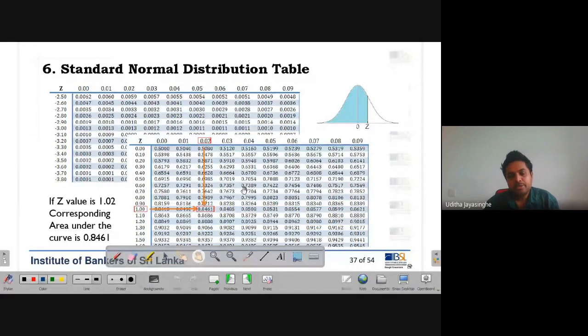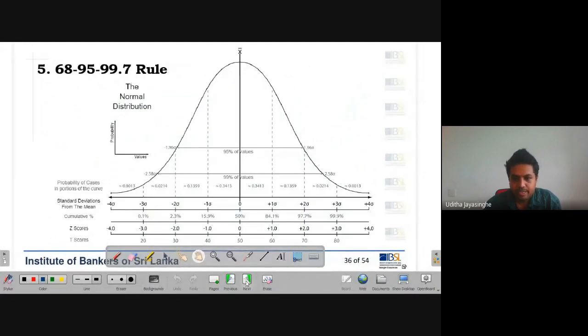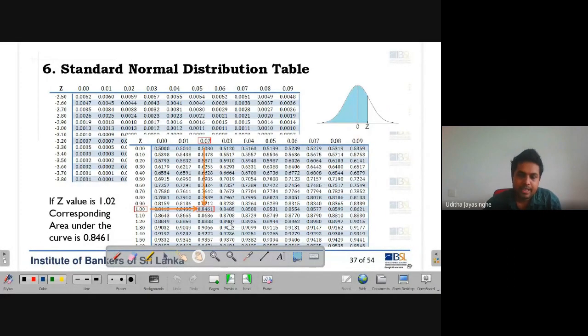This is an extract of a value that could be from any of these computations. Let's say I have got a Z value of 1.02. So how am I going to calculate this particular table value?